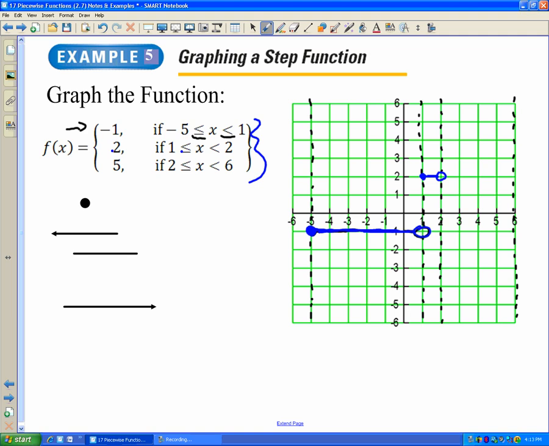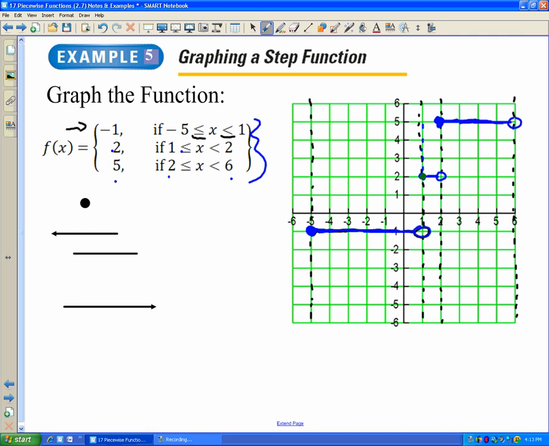There's my step. Between 2 and 6, I want to be at 5, closed at 2, and open at 6. There's my step function.